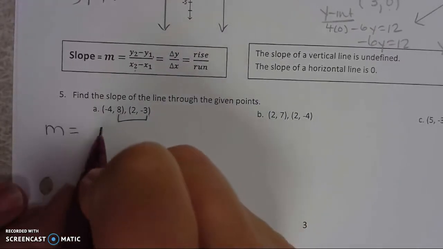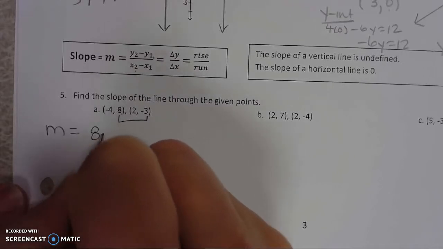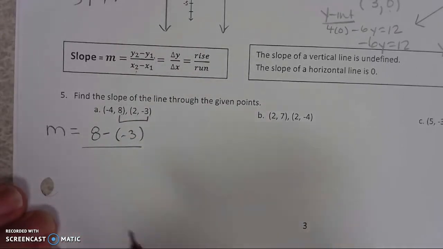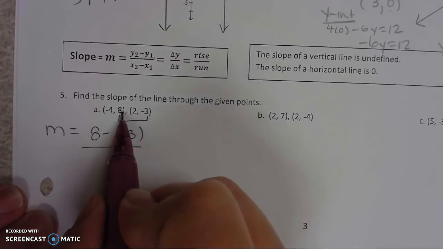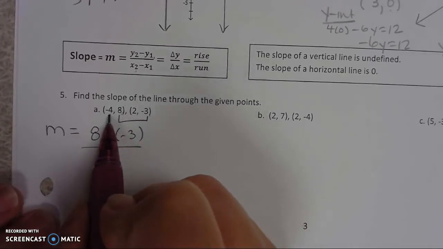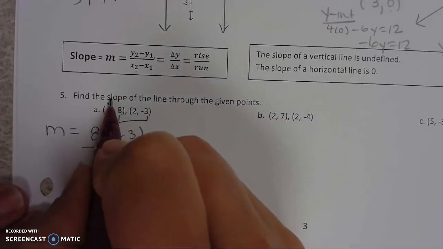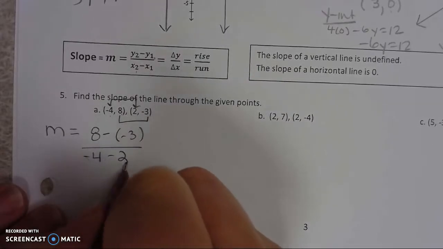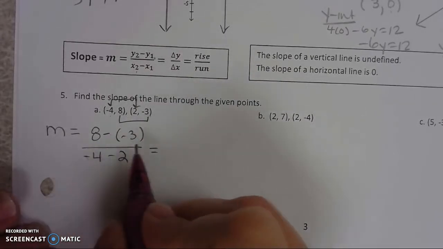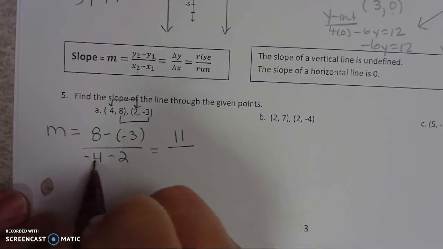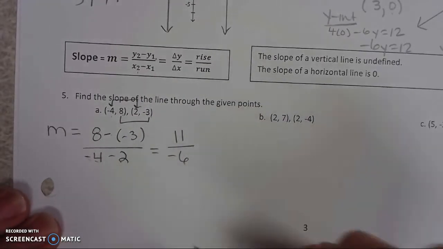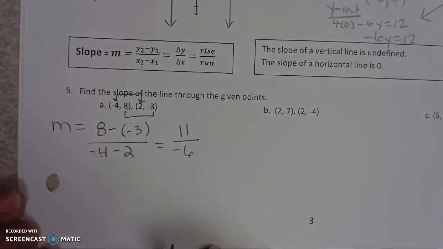If I set it up, I can say 8 minus -3. Because this 8 came first on top, its y value has to come first on bottom. So here are my x values. I'll say -4 minus 2. Then 8 minus -3 is 11, and -4 minus 2 is -6, giving me a slope of -11/6.